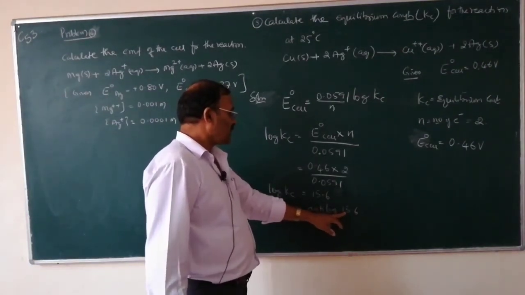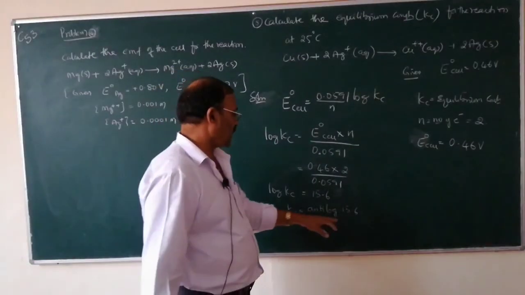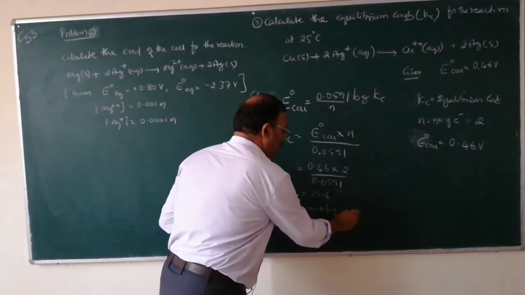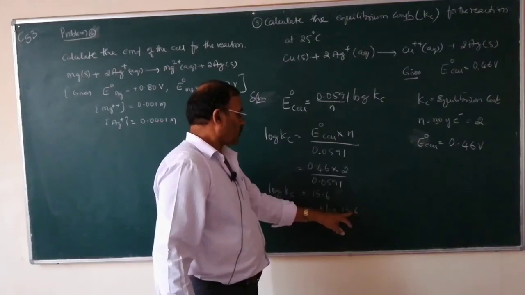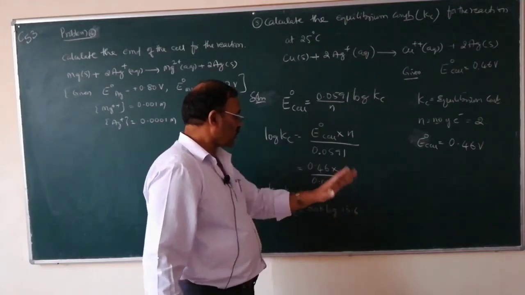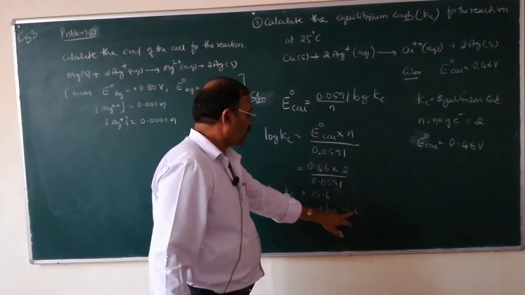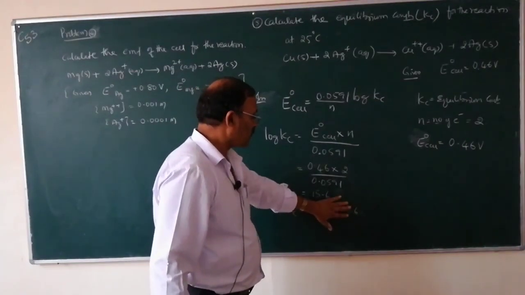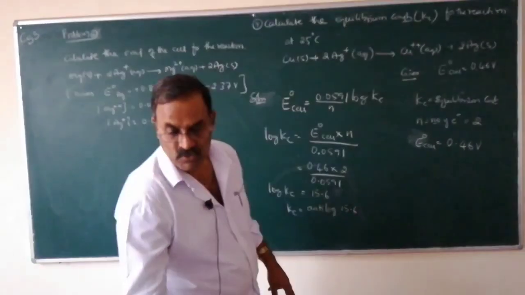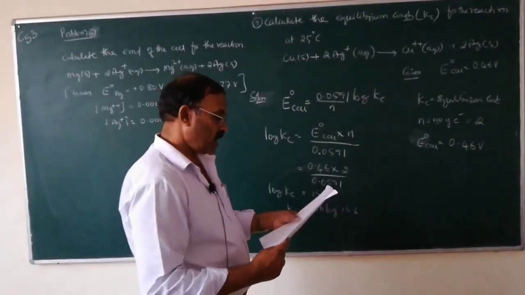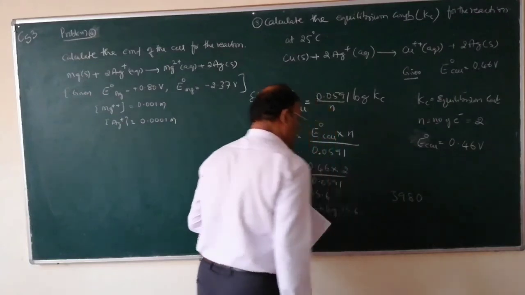So how to look anti-log for 15.6? So 15 is the characteristic. You should not look at 15. So after this point, this is 0.60. So go to anti-logarithm sheets in logarithmic table. The digits before the point you should not see. If you look at 0.60, you will get 3980.